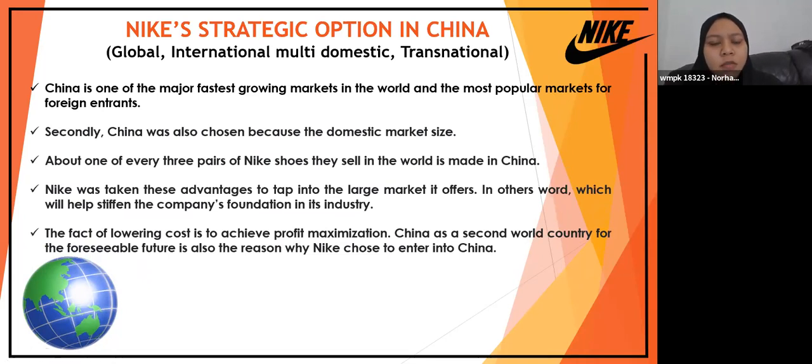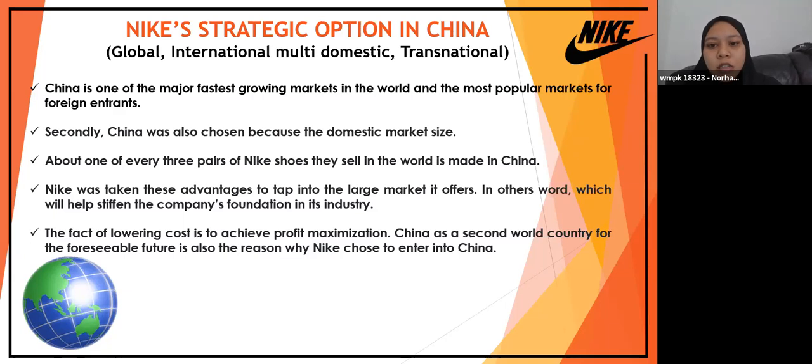The population of China itself is already 18.47% of the world population. And one of every 3 pairs of Nike shoes they sell in the world is made in China as well.